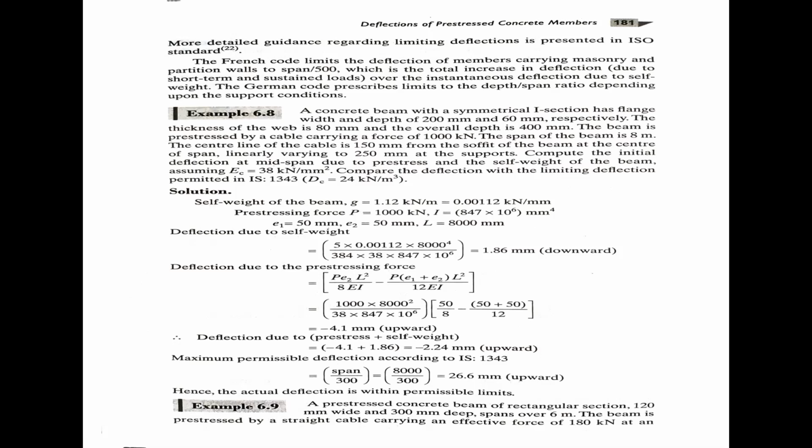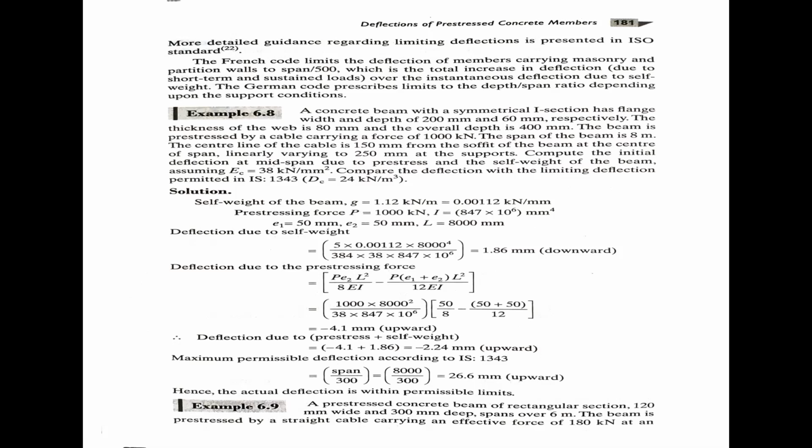The flanges are the same. The thickness of the web is 80 mm and the overall depth is 400 mm. The beam is prestressed by a cable carrying a prestressing force of 1000 kilonewtons. Span of the beam is 8 meters, with the cable linearly varying.